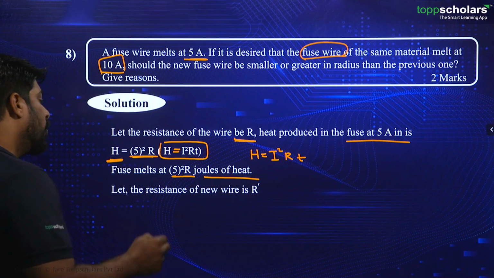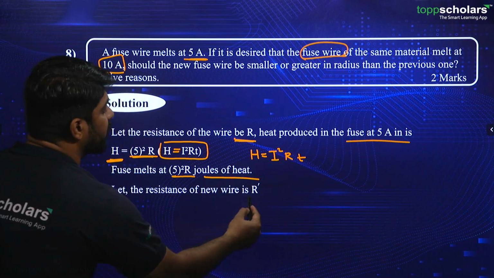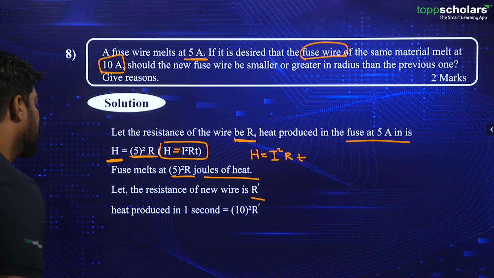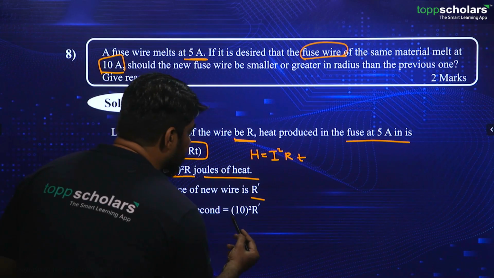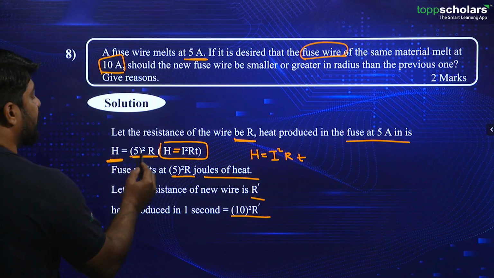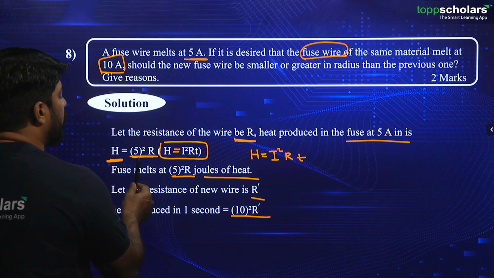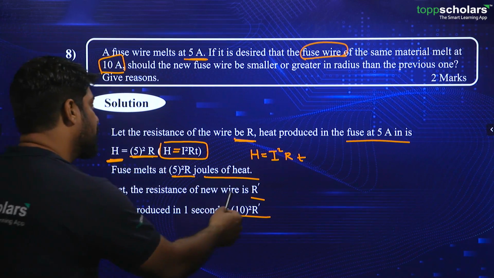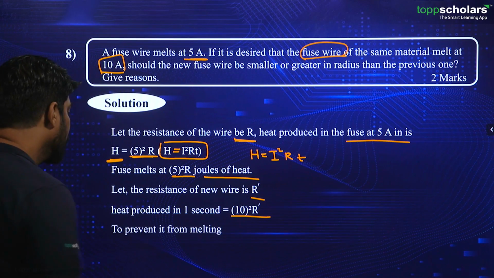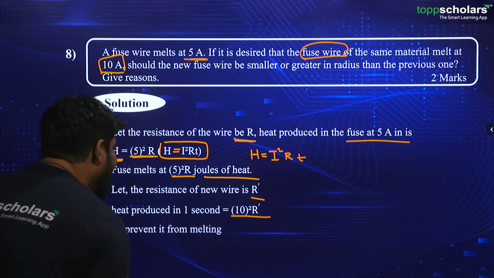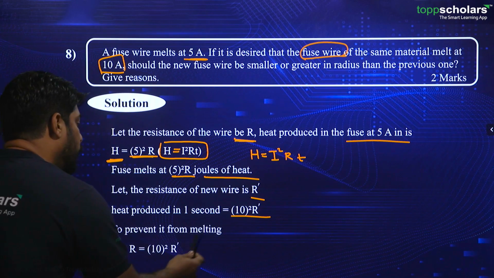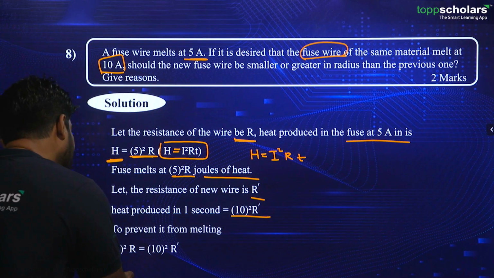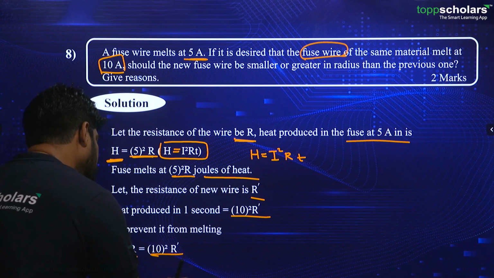Now let the resistance of the new wire be R dash. So heat produced in 1 second is 10 square R dash, just like this one. Here it was 5 ampere, now it is 10 ampere. So it is 10 square R dash, new resistance is R dash. To prevent it from melting, if we don't want it to melt, that means this must be equal to this.